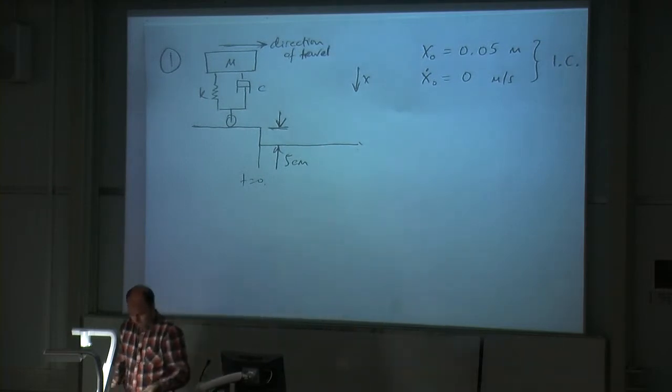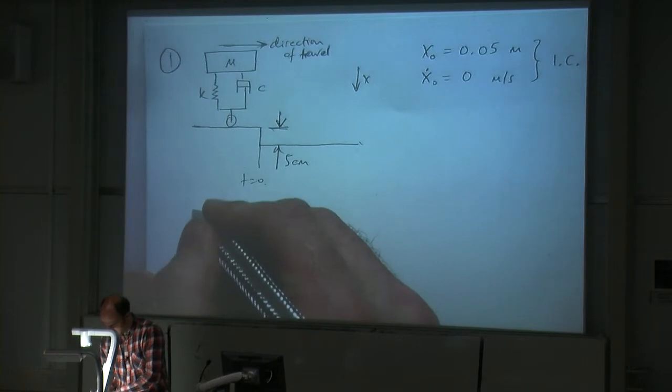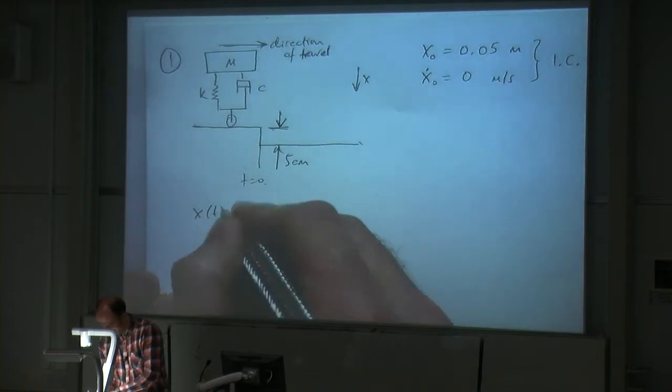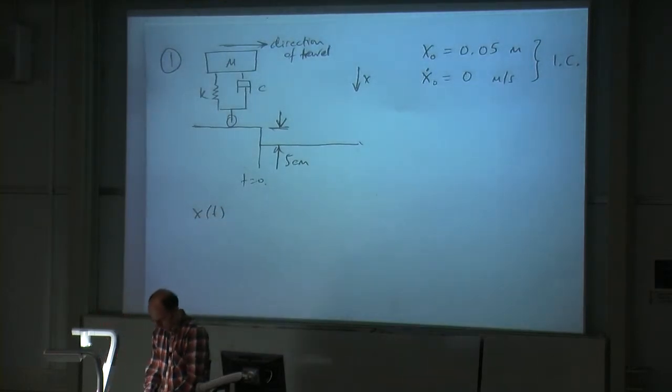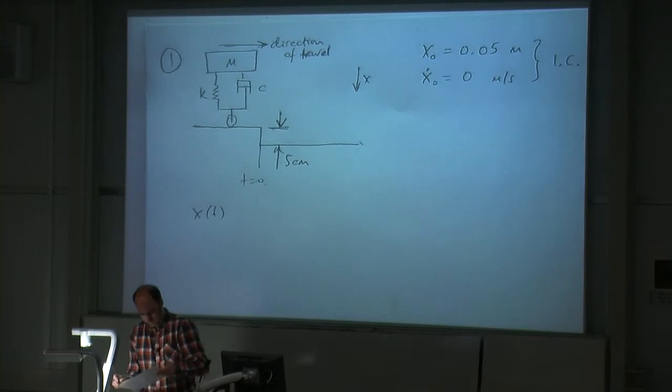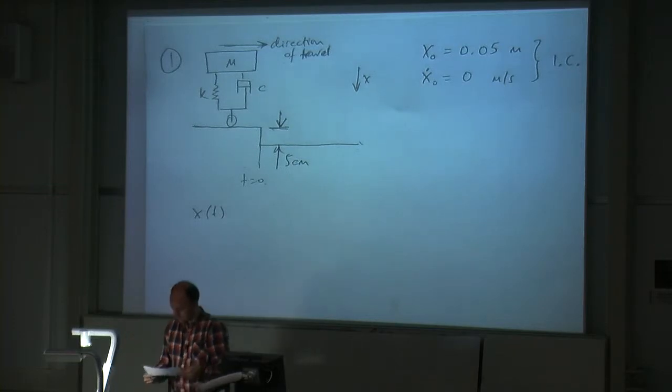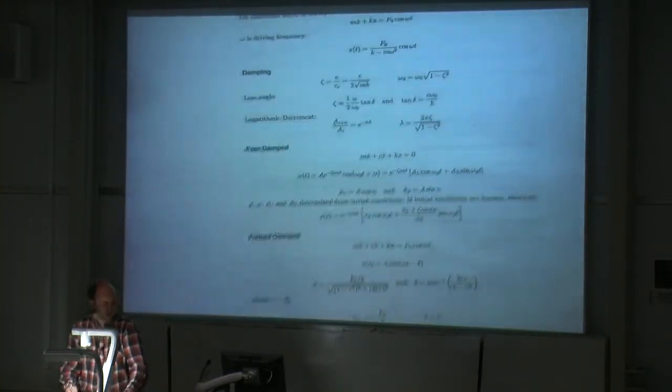So the way that I'm going to solve it is I'm going to look at my equation sheet, my formula sheet, which you should all have by now. I've given you this formula sheet.